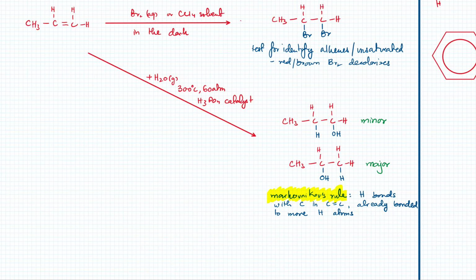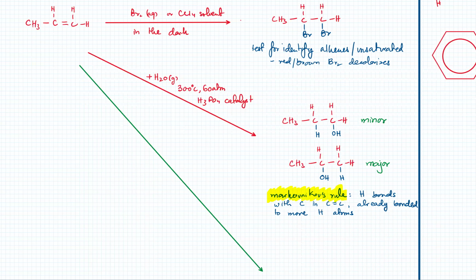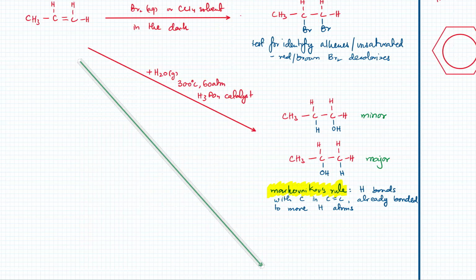There was hydrogenation. That was an addition reaction as well. What was hydrogenation? It was H2 gas being added, with a nickel catalyst, at a temperature of 150 or 200 degrees centigrade.